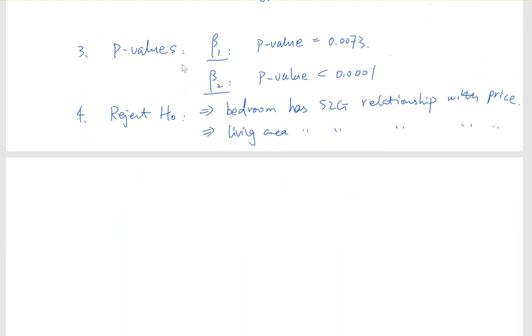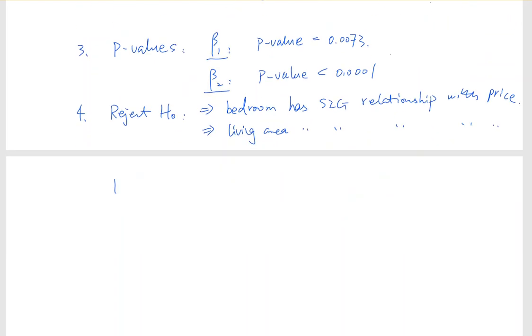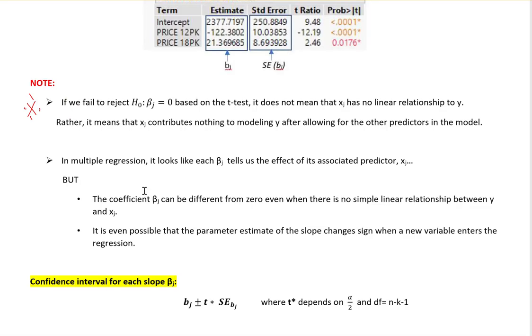But if you fail to reject the null hypothesis, does that mean the bedroom doesn't have a significant linear relationship with the price? It doesn't mean that. So let's look at the important note in our chapter notes.